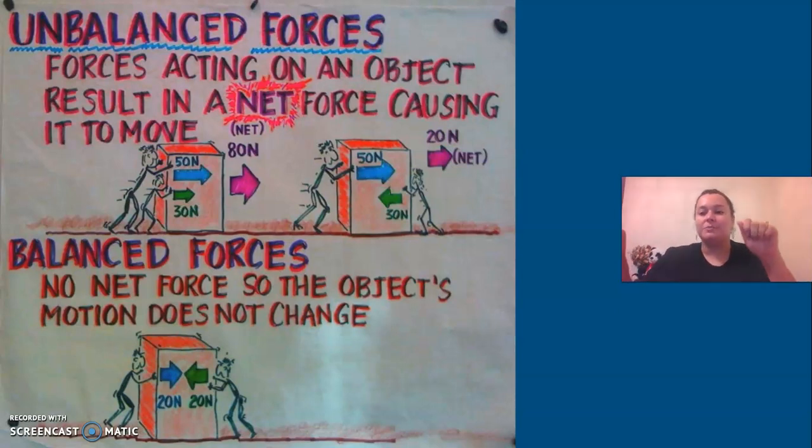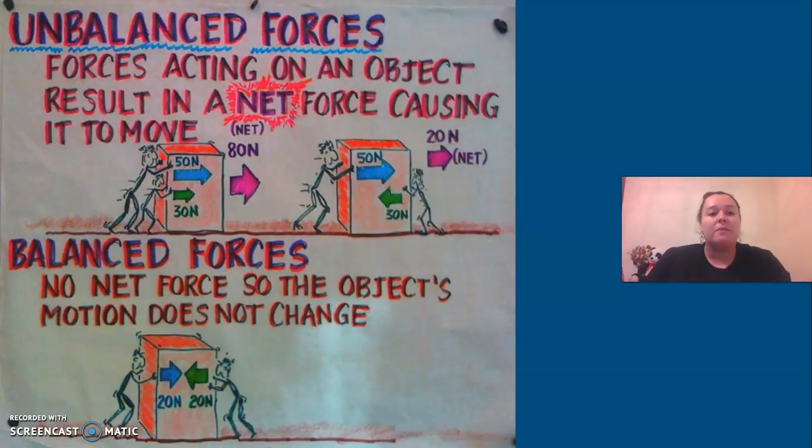When that rope starts to move to one side, that is an unbalanced force because one team is stronger than the other team and they are applying more force. Same thing if you arm wrestle somebody and they start to beat you, that's an unbalanced force because they are applying more force than you. So it causes motion, it causes movement.